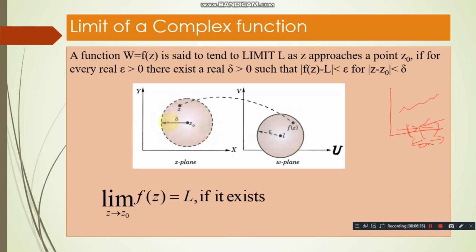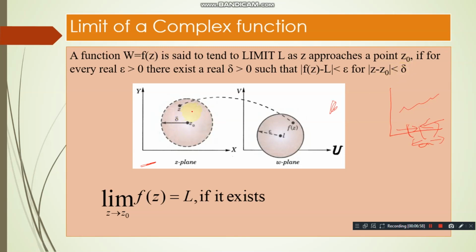But in this case, observe here. This is the z plane, the domain plane, and this is the output plane. I am taking the point z0, as we are taking here |z - z0| less than delta. So wherever you take z, its difference from z0 must be less than delta.